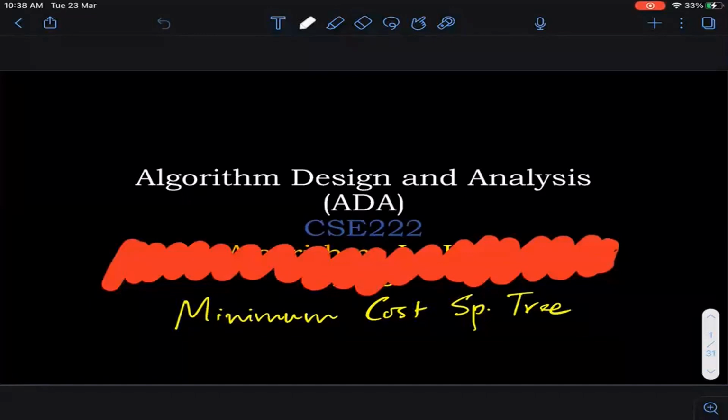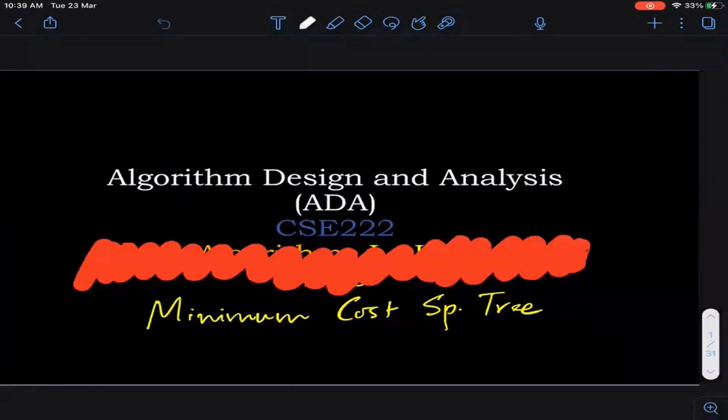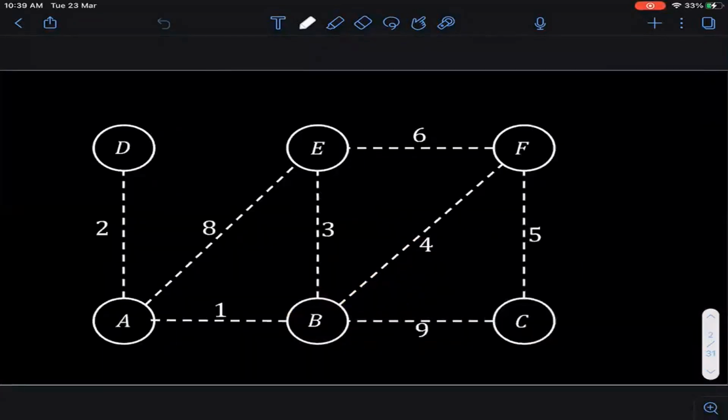So we will do a very formal proof, almost a complete proof, of why these algorithms actually produce a minimum cost spanning tree. Everyone knows what a spanning tree is, right? I think we also talked about this in the first lecture. I'm given a graph, and I'm assuming it's a connected undirected graph, and I have costs on my edges.